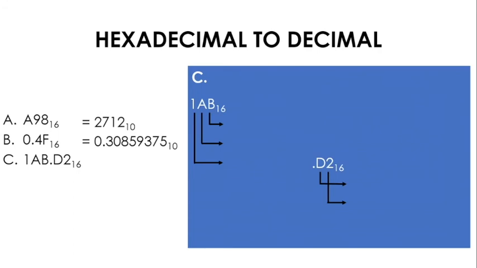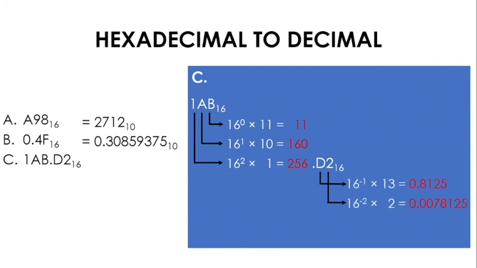For the next example, we'll just have to combine the process we did on the previous examples. So for the whole number 1AB, we'll start with the ones digit, and for the fractional part, we'll start with the tenths digit. The decimal equivalent of the whole hexadecimal number 1AB is equal to 427, and the decimal equivalent of the fractional part of the hexadecimal number, point D2, is 0.8203125.